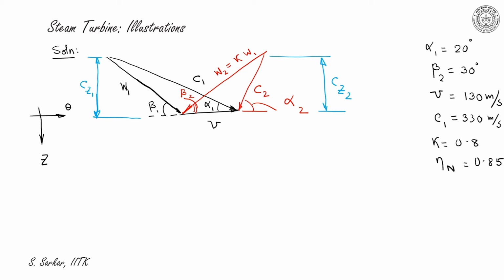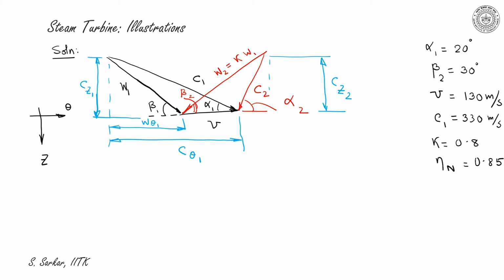Furthermore, considering the inlet velocity triangle, this is my C theta 1, the tangential component of C1. Similarly, this is W theta 1. So C theta 1 and W theta 1 I have marked.